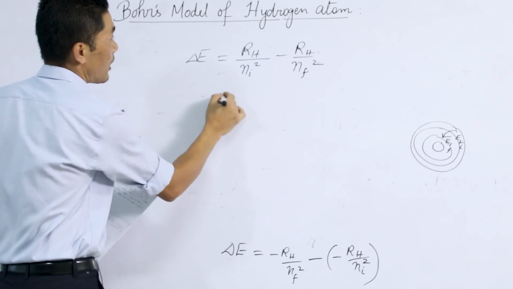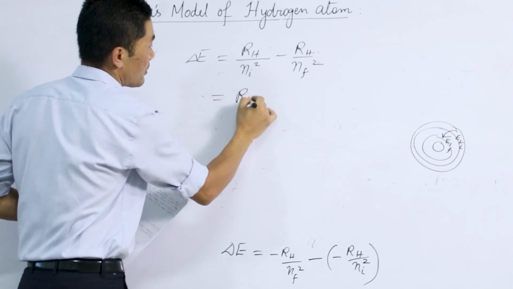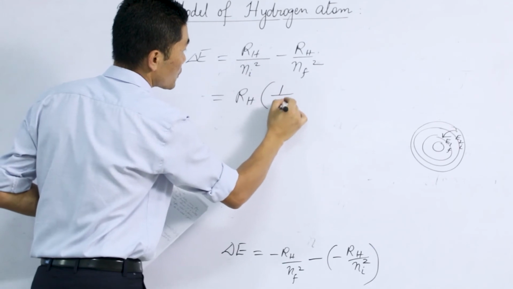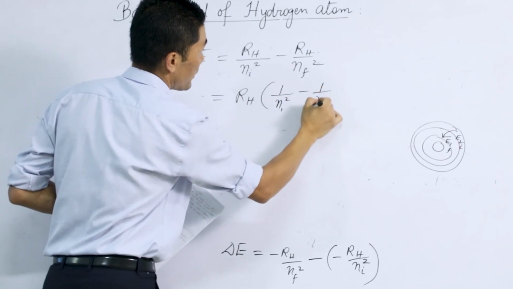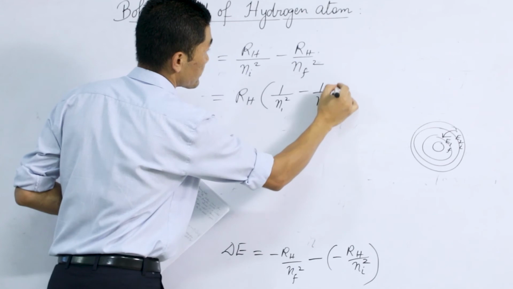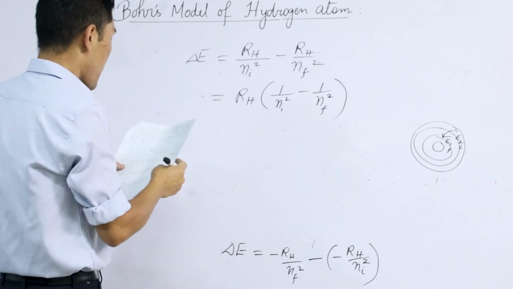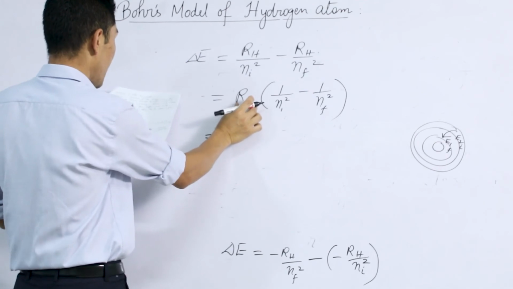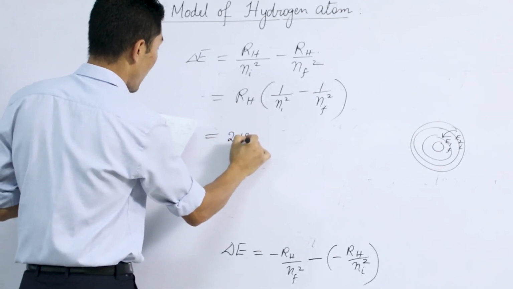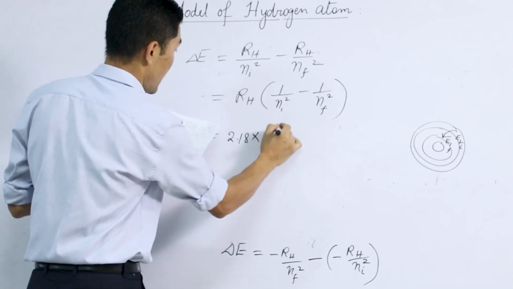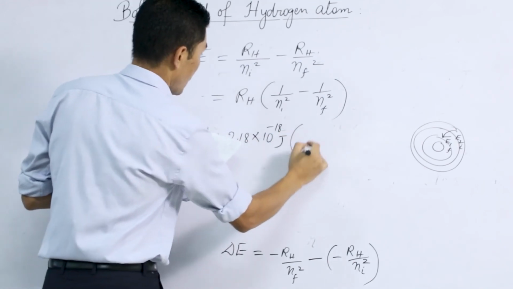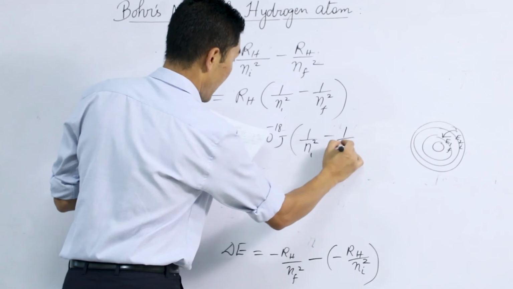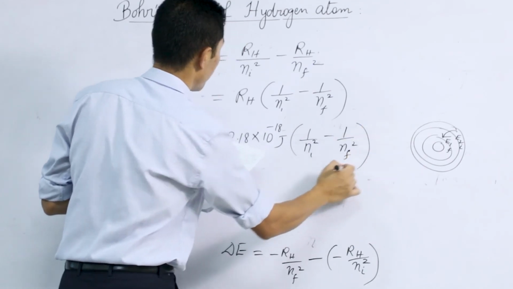So if we take RH common, then inside the bracket we will have 1 by Ni square minus 1 by Nf square. Then the value of RH we can add here. Its value is 2.18 into 10 to the power minus 18 joules, into 1 by Ni square minus 1 by Nf square.